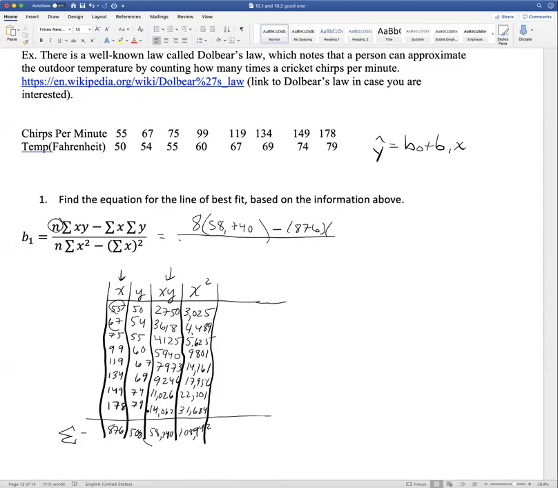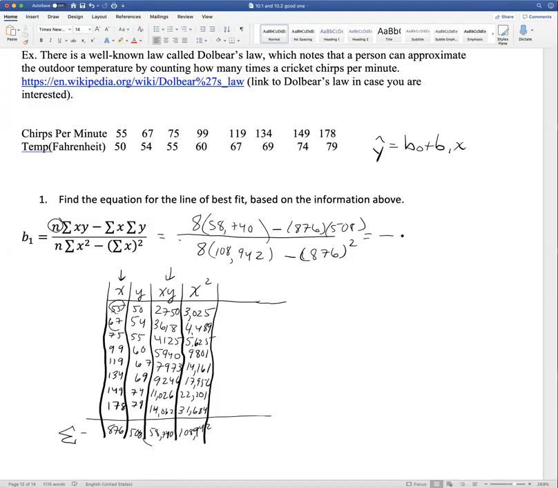Times sum y, which is 508. Divided by n, which is 8, times sum of x squared, which is 108,942, minus sum of x, which is 876, quantity squared, so we're squaring it.